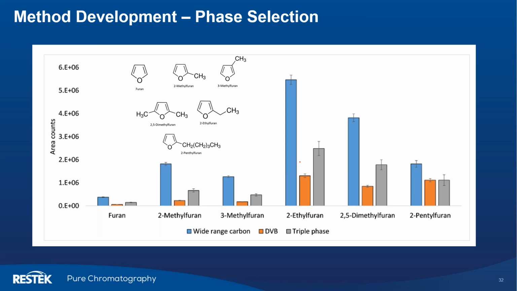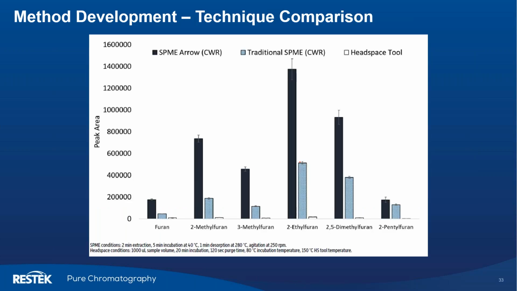So once we optimized our SPME phase, we did want to do a quick comparison of how this measures up to traditional headspace methods. And the headspace method used a headspace syringe, right, on an instrument rail top. So we had our set of SPME conditions and we had optimal headspace conditions.